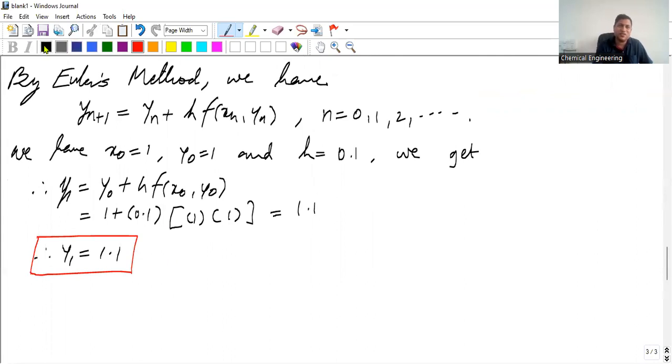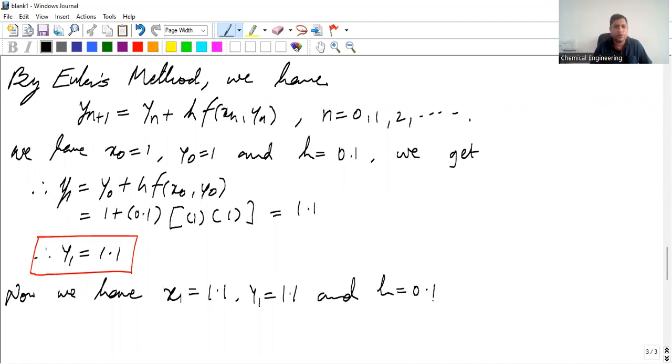Okay, so now we have x1 equal to 1.1, y1 equal to 1.1 and h equal to 0.1. So we have y2 is equal to y1 plus h times f of x1, y1.